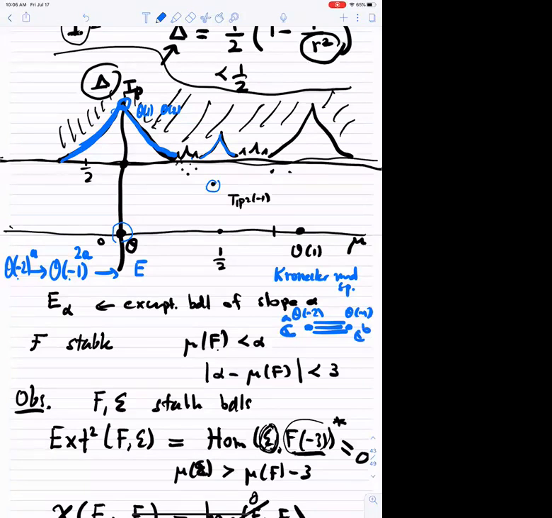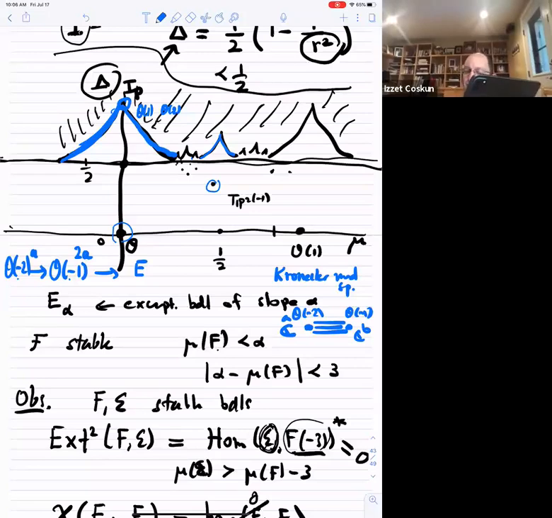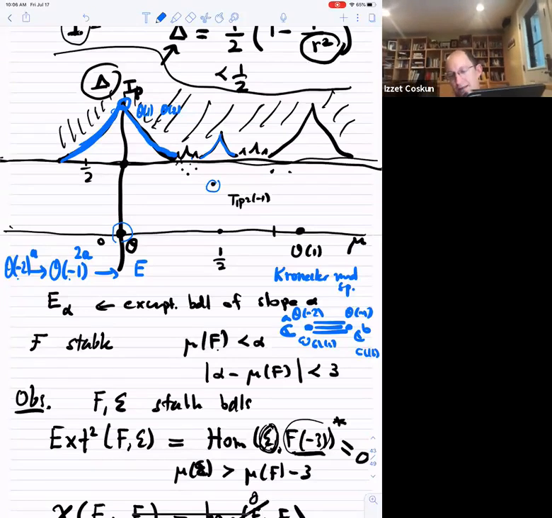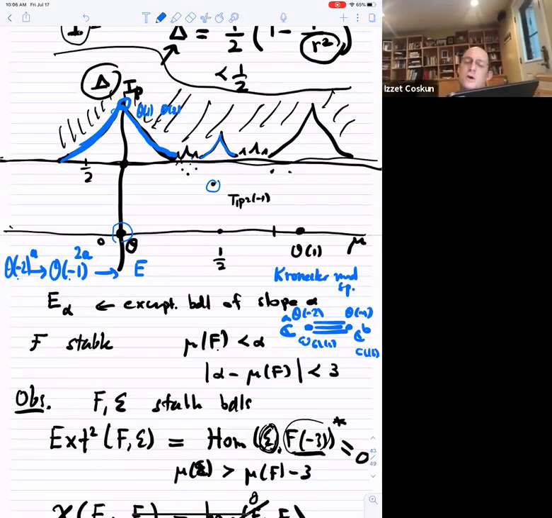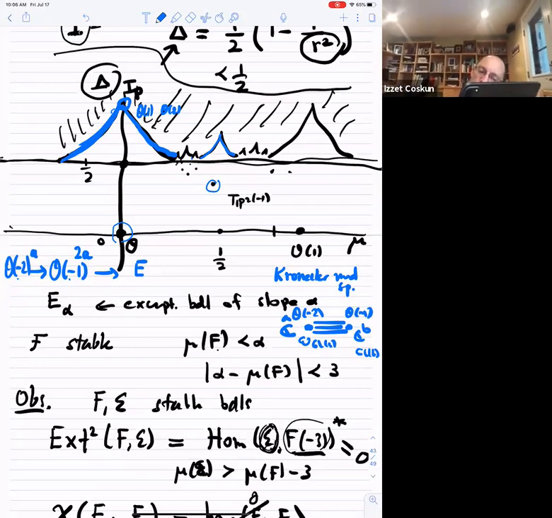Then you look at all possible such objects modulo the action of GLA here and GLB here. There's a GIT quotient to that thing, and that's called the moduli space of Kronecker modules. And along these arcs, the moduli space is actually isomorphic to the Kronecker moduli space.